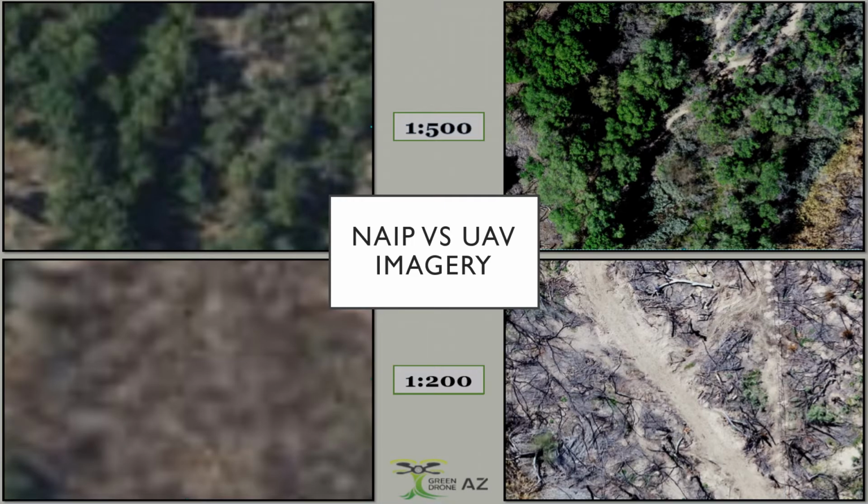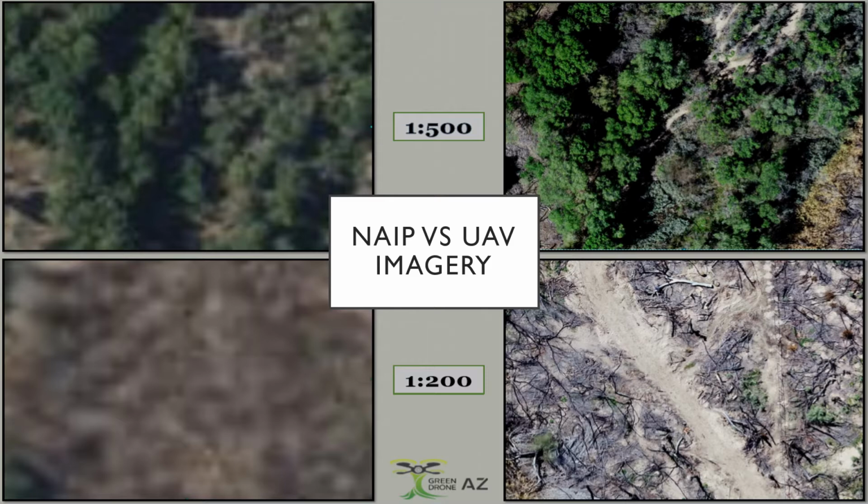Now, I know that Google Earth is not always the best imagery that's available out there, so I went ahead and compared NAIP imagery. NAIP imagery has a 1 meter resolution, and that is on the left here. We are at different scales, 1 to 500 and 1 to 200, but the imagery on the right hand side is the actual imagery that we collected from the project site.